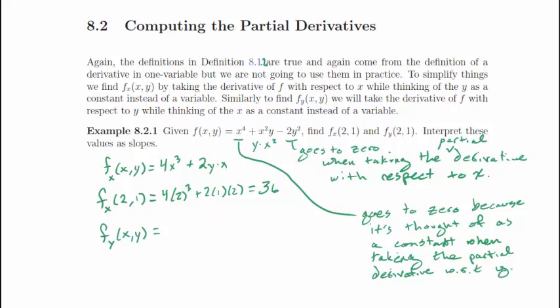Okay, so that goes to 0. Here I think of x squared as a constant, y as a variable. So if I'm taking the derivative with respect to y, then this just becomes y. The derivative of y is 1, so we just get x squared here.